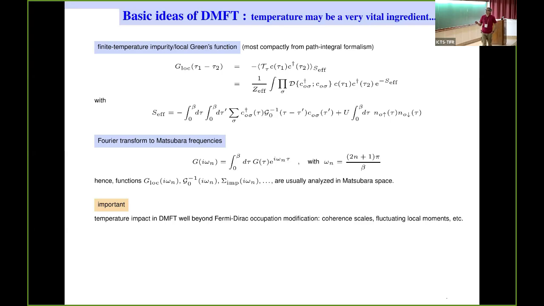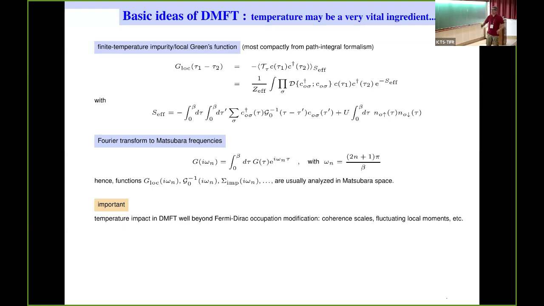And that is then, okay, this is a bit technical, but just that you see what has to be done to solve this quantum impurity problem, also then here with temperature. So you would need to calculate this local or impurity Green's function. And you usually write this best then for your quantum Monte Carlo in a path integral writing, when you have to integrate over your local c operators, these kind of Grassmann variables.